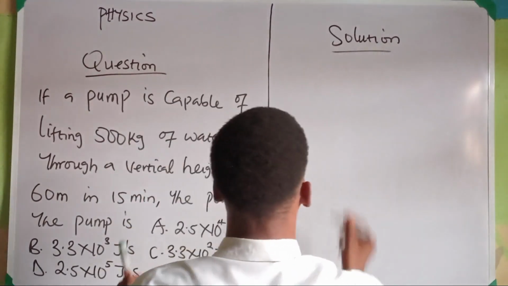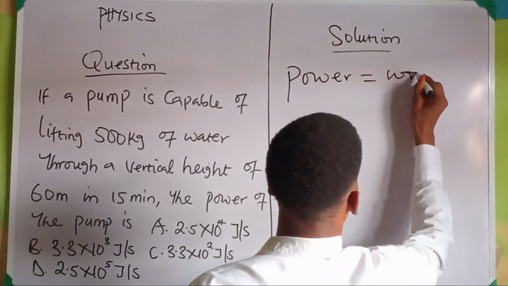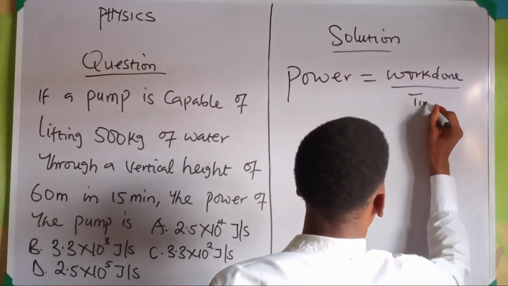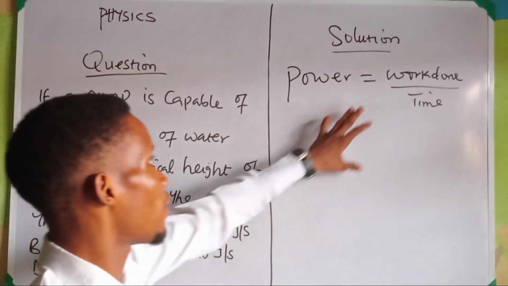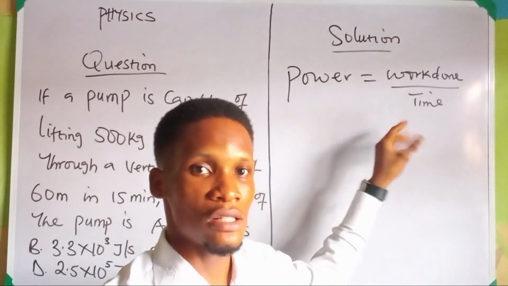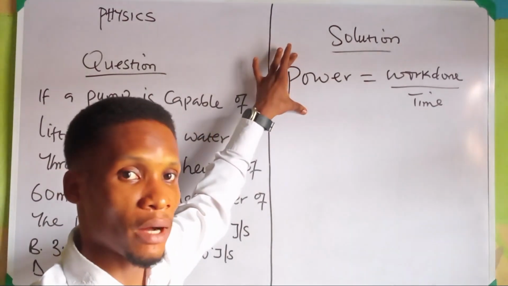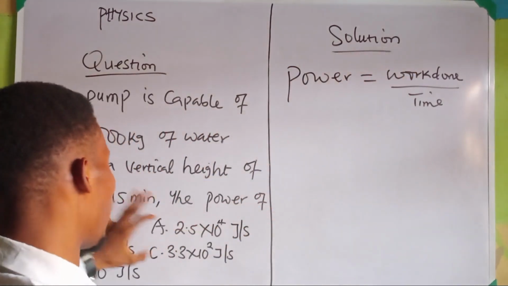So our power here is equals to work done per time. Initially, from our previous class, I stated the formula for work done, and this is the formula for power as well. So this is the formula you use to solve this particular question.